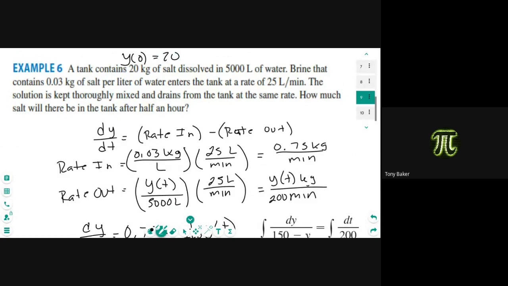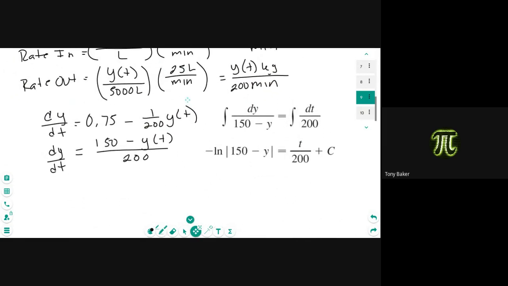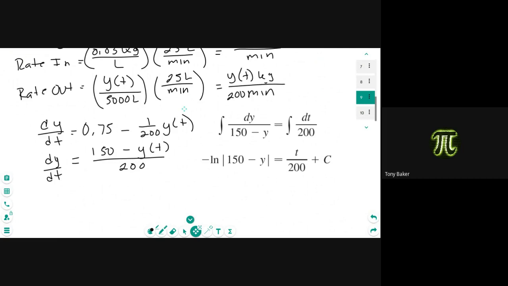So I can use that to figure out my C. So that's 0, and that's, no, sorry, wrong way. That's 20, and that's 0. So I have negative ln of 130 equals C.